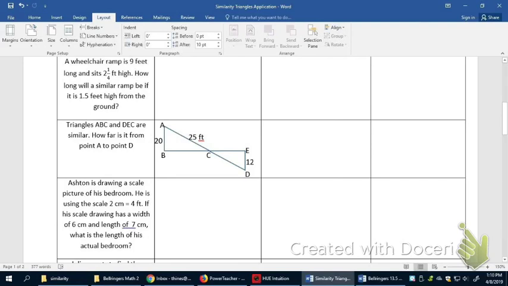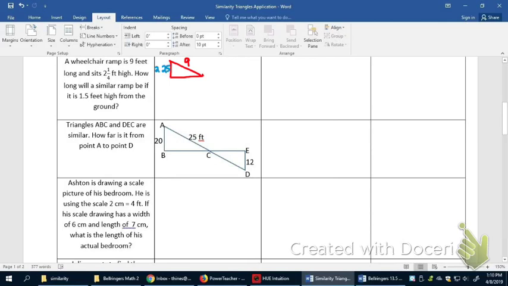Okay, so if I think about a wheelchair ramp, I'm thinking about this triangle maybe. And the ramp is the sideways, the slant, and the height is the up and down. Okay? So the ramp is 9 feet long, so I'd put 9 on the hypotenuse. And 2 1/4 feet high. How can I make that 2 1/4 to make it not be fractions? 2.25.